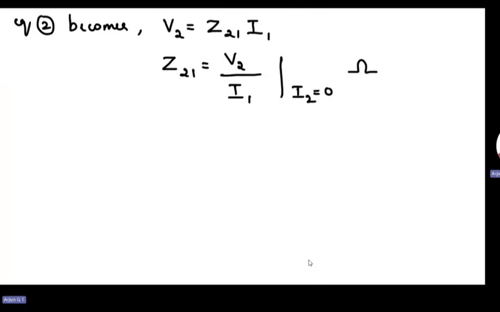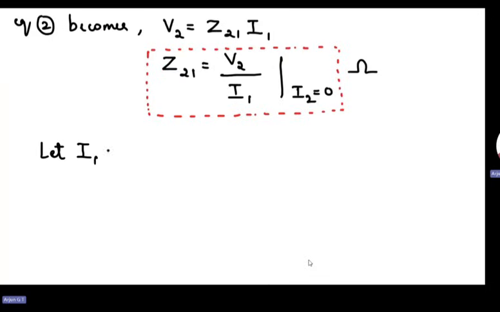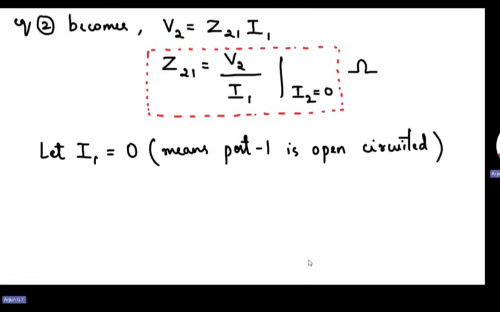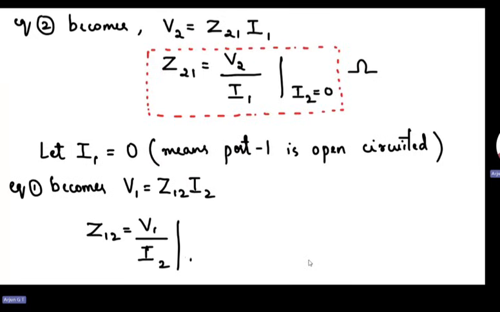Similarly, we take the other independent variable, I1 equal to 0, to obtain the two other Z parameters. I1 equal to 0 means port 1 is open circuited. By considering port 1 open circuited, we can calculate Z12 and Z22 similarly as in the previous section.